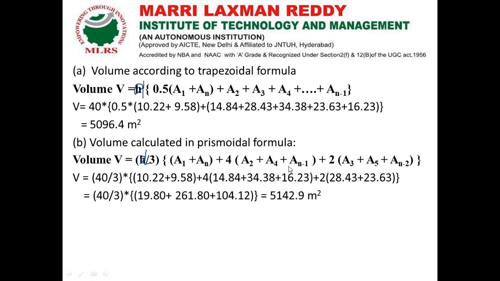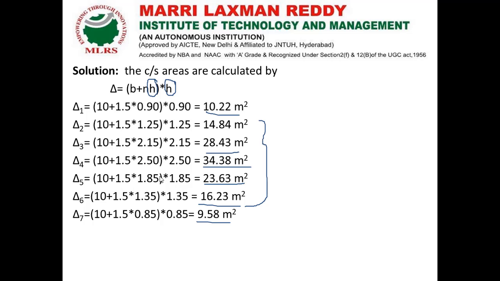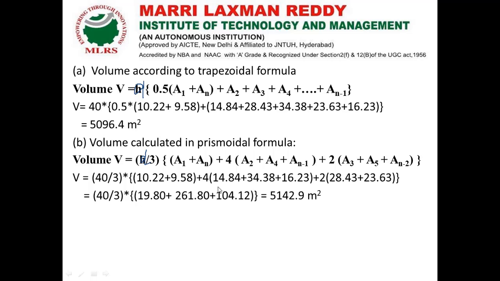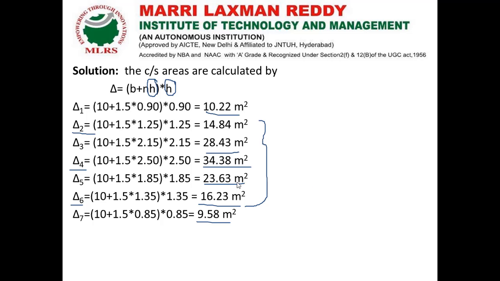Next, by using the prismoidal rule, D by 3 into A1 plus AN plus 4 into even areas plus 2 into remaining odd areas. So the distance is 40 by 3, the first 10.22 plus the last area 9.58, then the even ordinates plus 4 into 14.84 plus 34.38 plus 16.23, plus 2 into the remaining odd ordinates, so plus 2 into 28.43 plus 23.63.